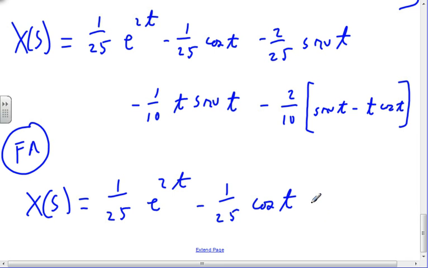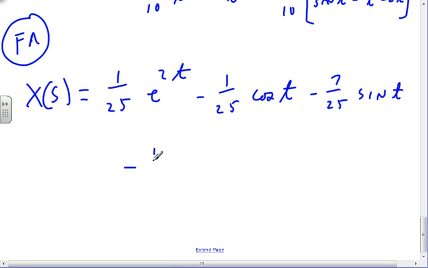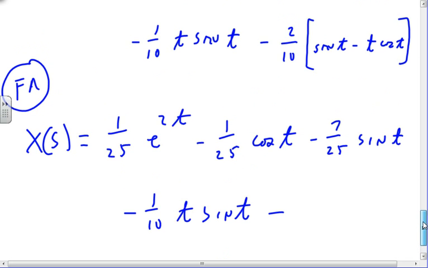So I have minus 7/25 sine t, and then a minus 1/10 t sine t, and a minus 2/10. We can write that as 1/5, minus 1/5 t, and it's going to be positive because this is negative t cosine t.